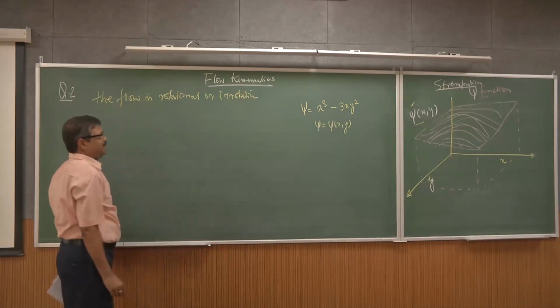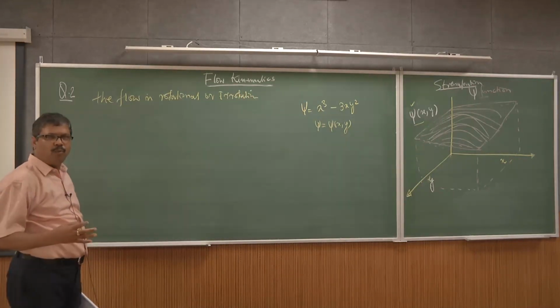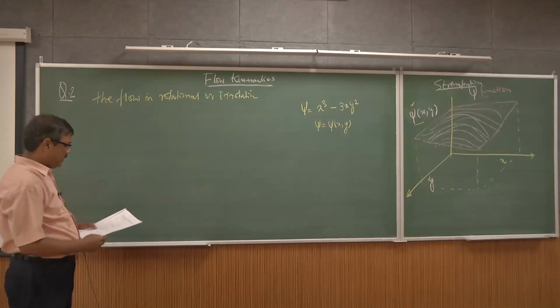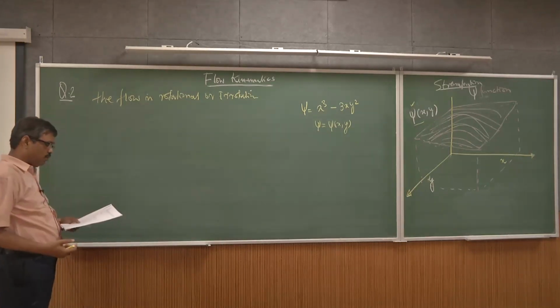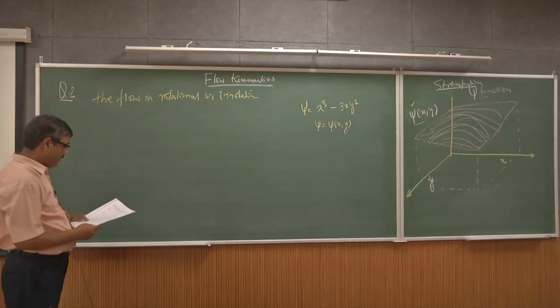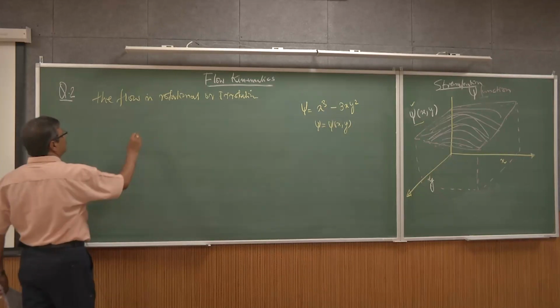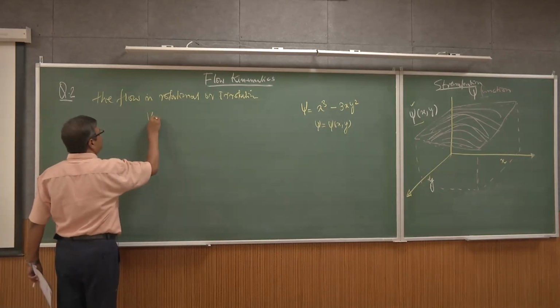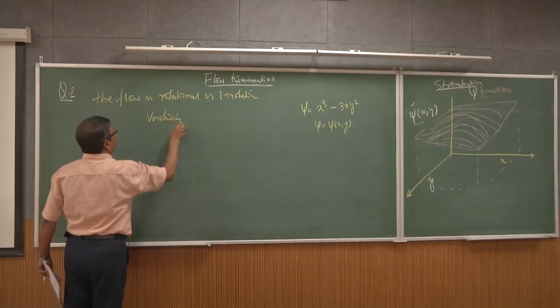What do we mean by that? That means we have to compute the vorticity. If this vorticity becomes 0, then we can say the flow is irrotational. So, we have to find out the vorticity factor.